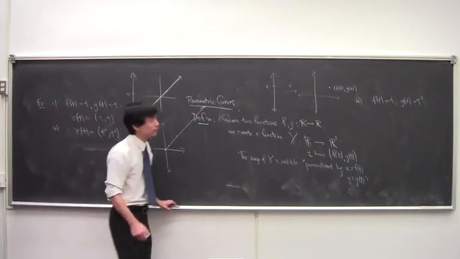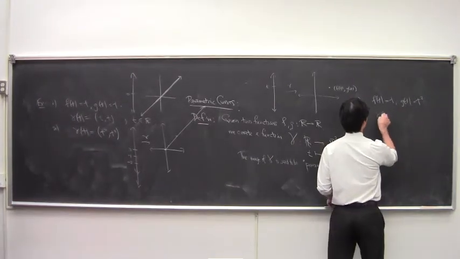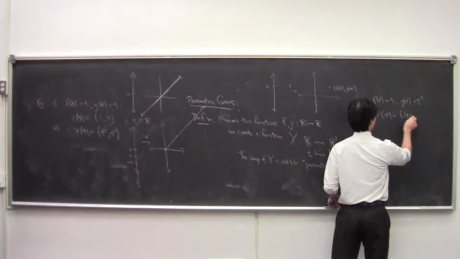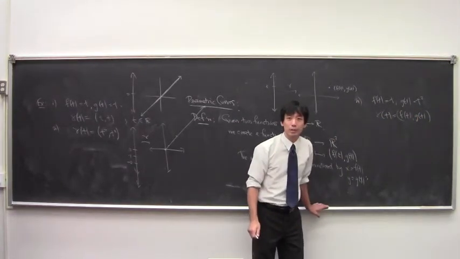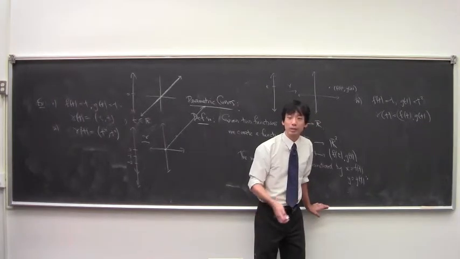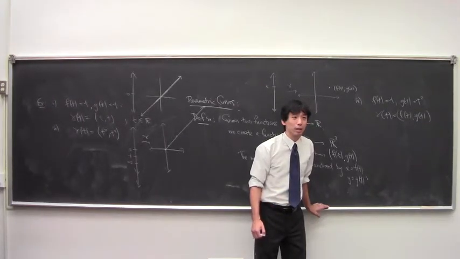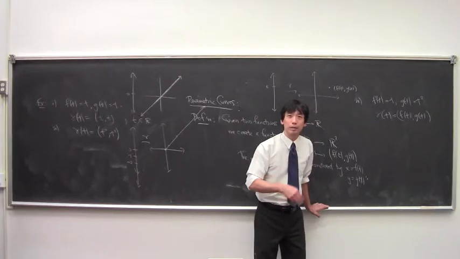Okay, so take a look at this one, right? If gamma of t is (f of t, g of t), then what curve does it describe? What does the image look like?